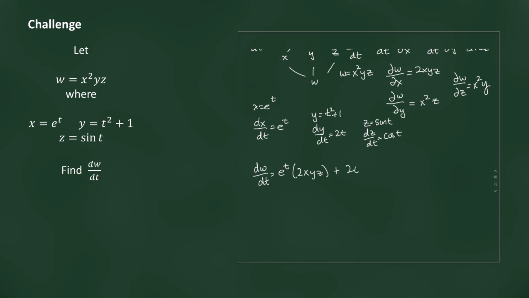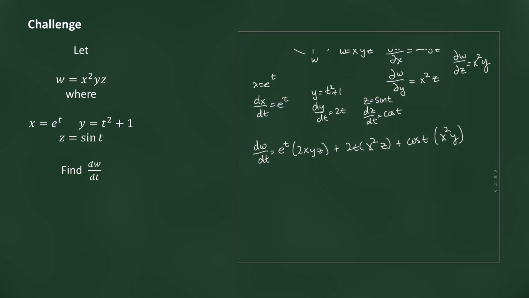And then dy/dt is 2t, and the partial of w with respect to y is x squared z. And then dz/dt is cosine of t, and the partial of w with respect to z is x squared y. Now we're going to replace x, y, and z with what they're equal to with regard to t, so that our final answer only involves the variable t, the one variable that we're looking at here.